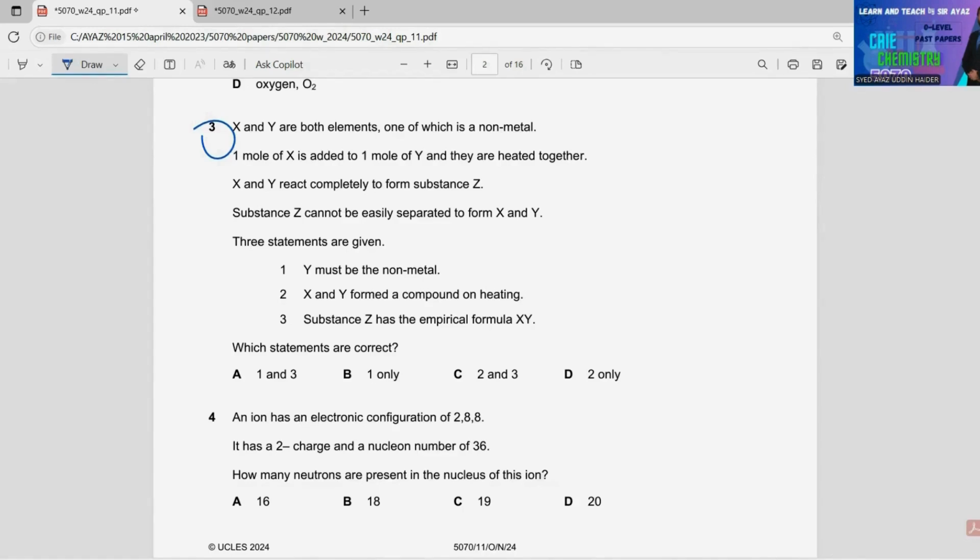Y must be the non-metal. 2. X and Y formed a compound on heating. 3. Substance Z has the empirical formula XY. Which statements are correct?